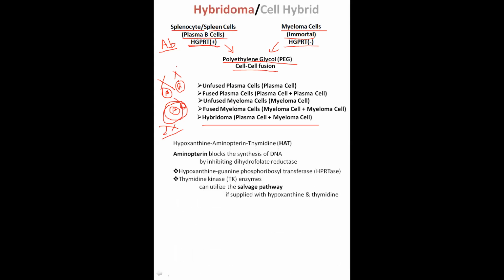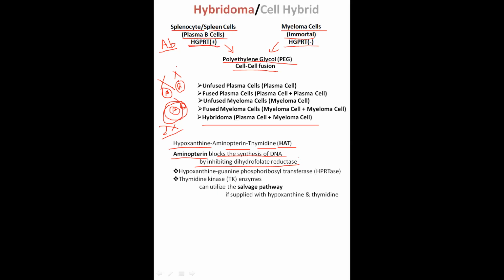So what we will do next is grow these cells in a HAT medium, that is hypoxanthine, aminopterin, and thymidine. What is the role of this HAT medium? It contains aminopterin, which blocks the synthesis of DNA by inhibiting dihydrofolate reductase. So it is an inhibitor.